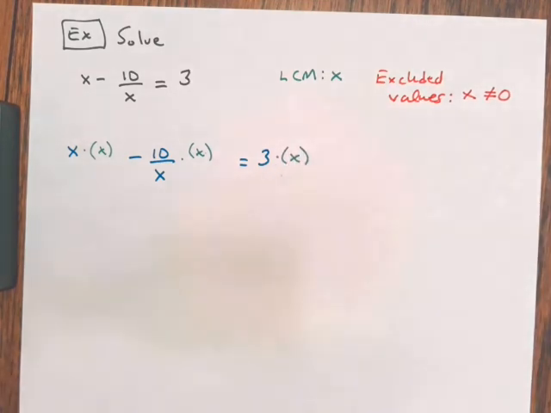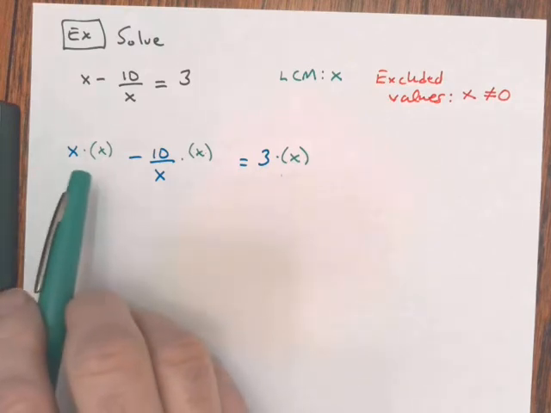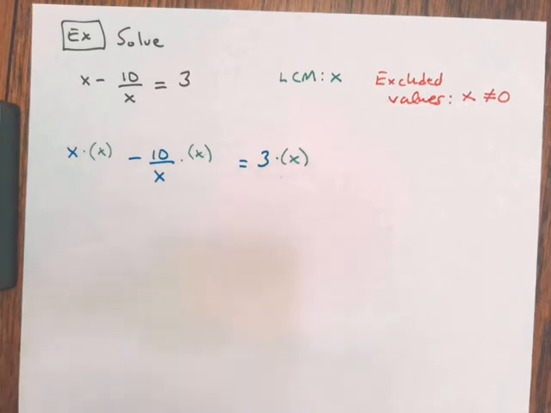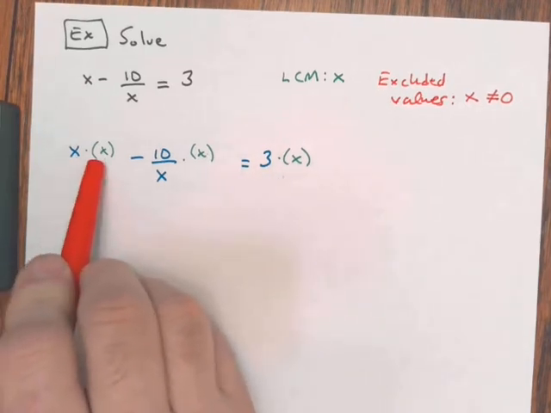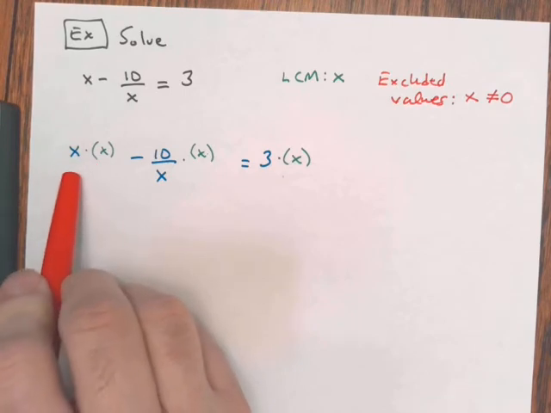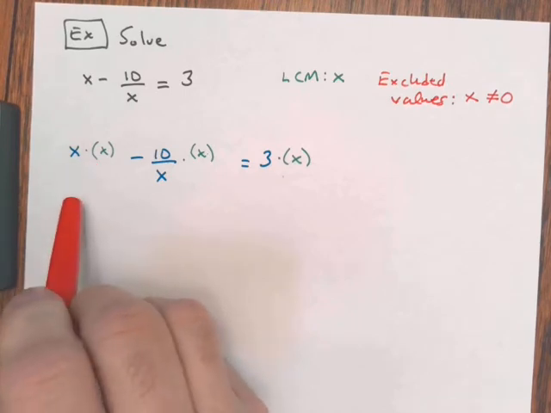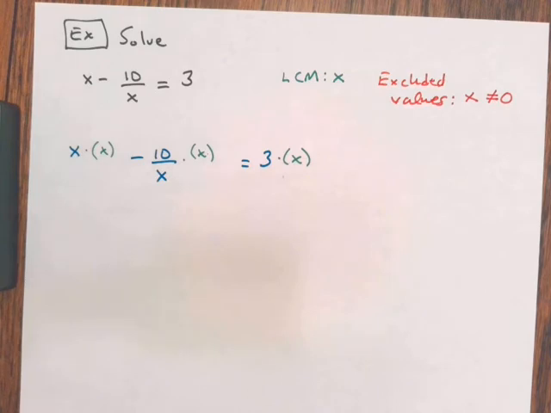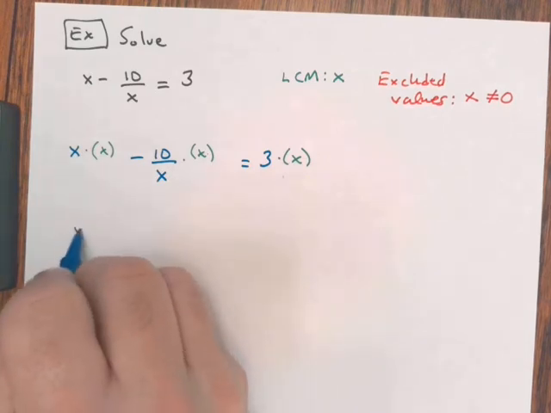Now when I do that, what we want to do is cancel out any fractions that we have. So if you look at this first multiplication, there was nothing in the bottom of the fraction, just an invisible 1, and x times x is x squared. So we're going to have an x squared for this first term.